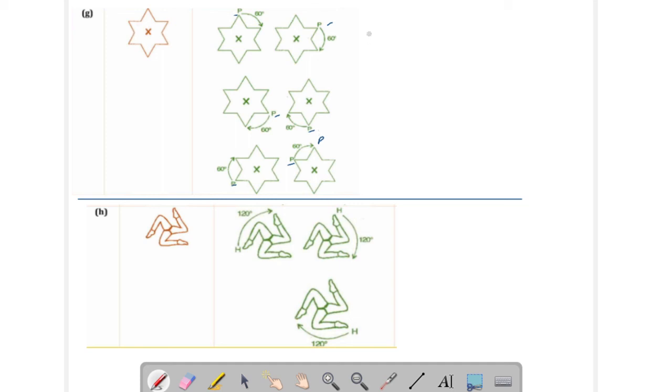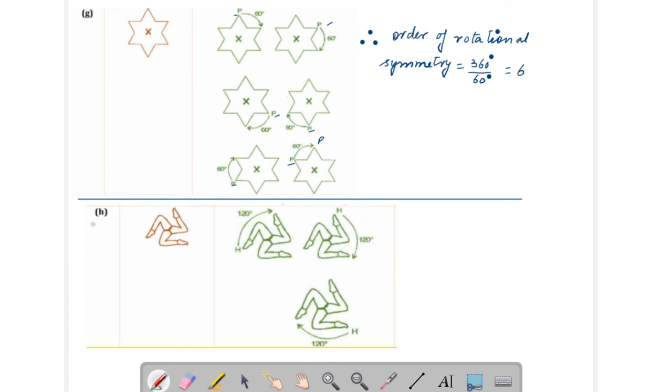Therefore, order of rotational symmetry equals 360 degrees upon 60 degrees, and if you solve it, you will get 6. Therefore, order of rotational symmetry is 6.